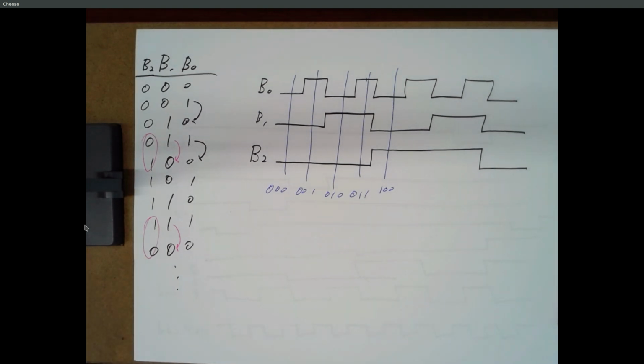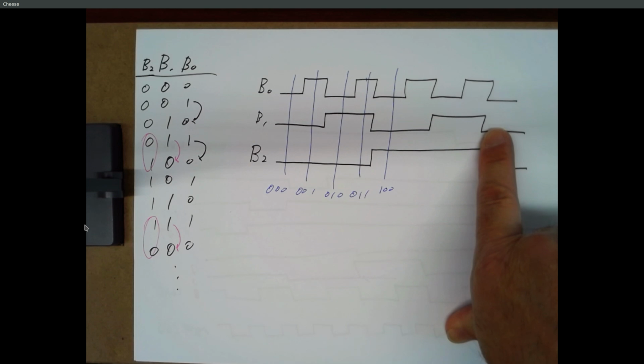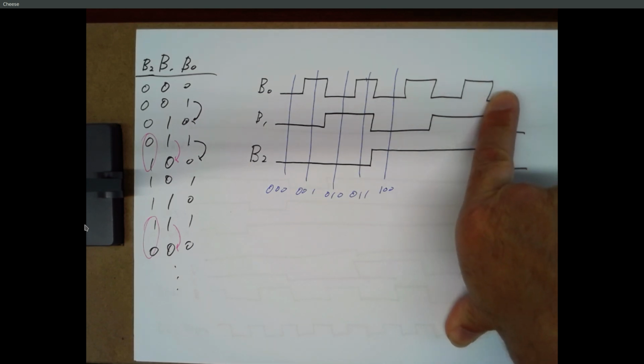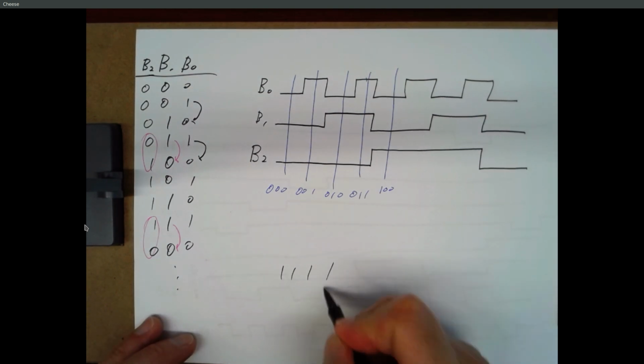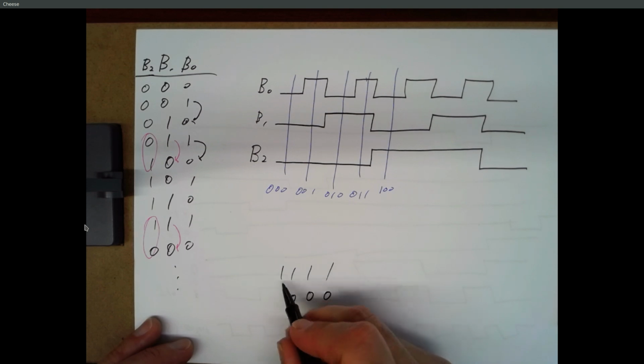And this is sometimes called a ripple counter, right, because this bit is changing in response to this, which is changing in response to the bit before it, and so on. When this least significant bit changes, that transition from 1 to 0 causes this bit to toggle, and this change from a 1 to a 0 causes this bit to toggle, and that change from a 1 to a 0 causes this bit to toggle, right?